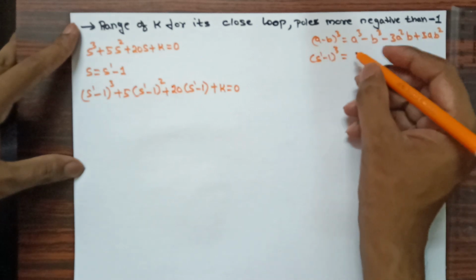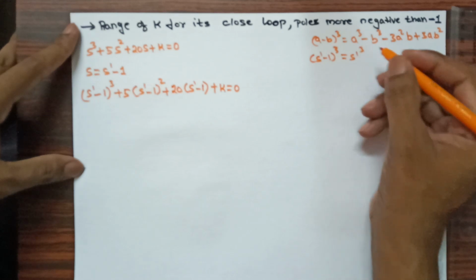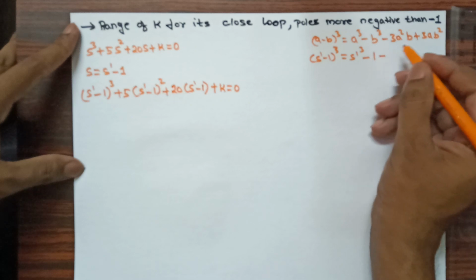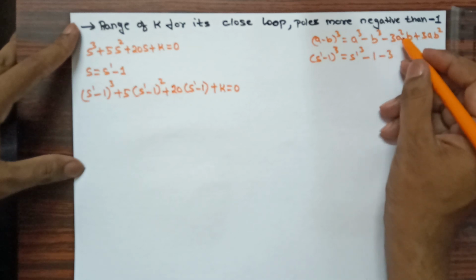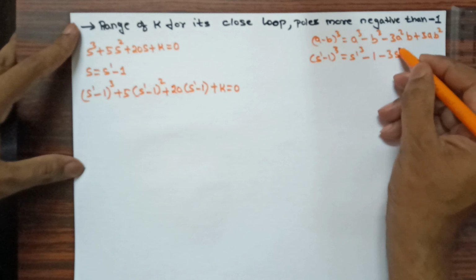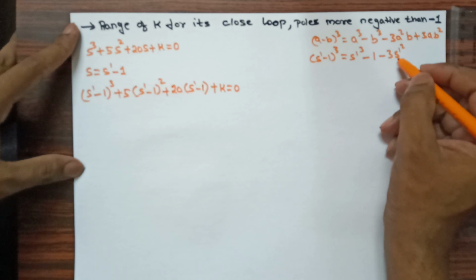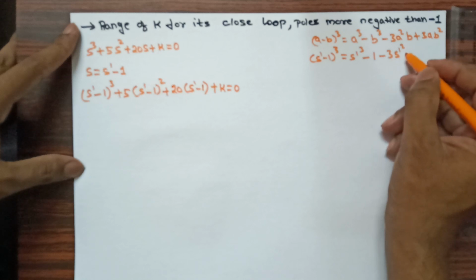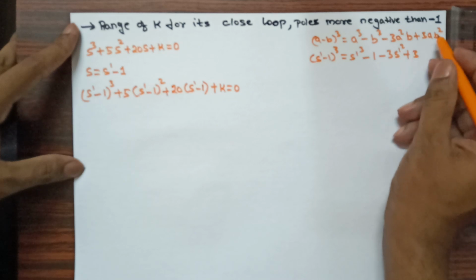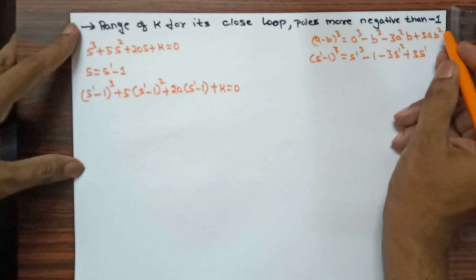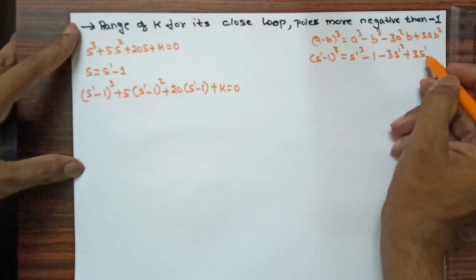Therefore I am getting s dash to the power of 3 minus 1 to the power of 3, that is 1, minus 3 into a square, that is s dash square, into b value 1, that is 3 s dash square, plus 3 into a value s dash and b square, that is 1 square, which gives 3 s dash.